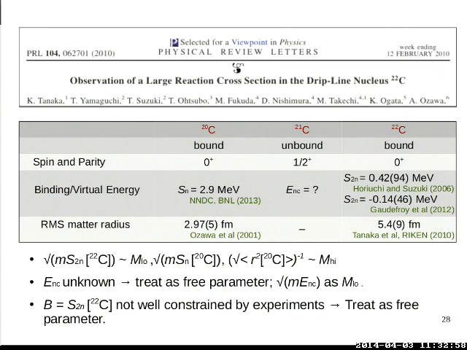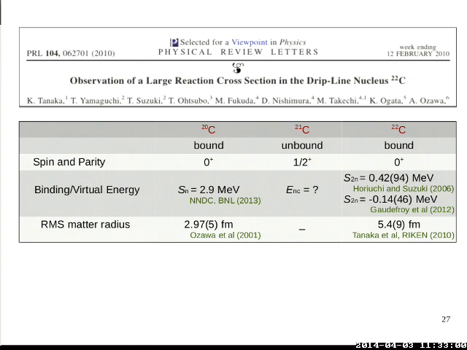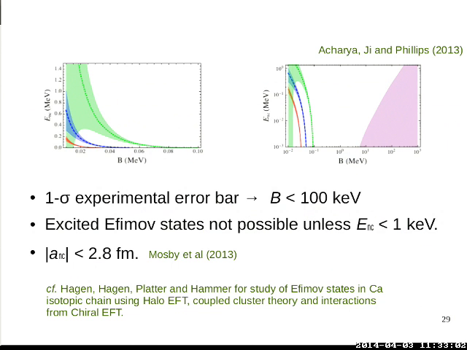We use the wave function that I showed you for a Borromean two-neutron halo to constrain these parameters, the neutron core energy and the three-body binding energy, using the experimental datum on the matter radius of carbon-22. This blue line is where you need to be to produce the central experimental value of 5.4 fermi.